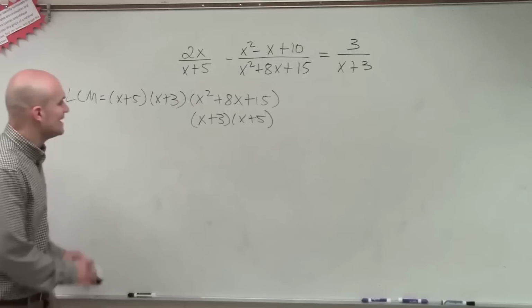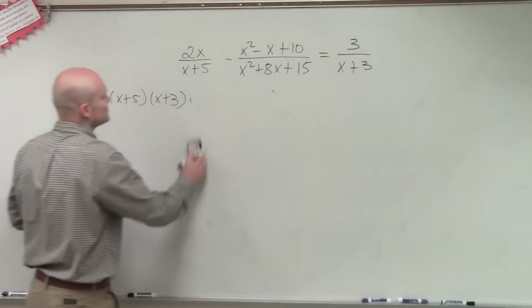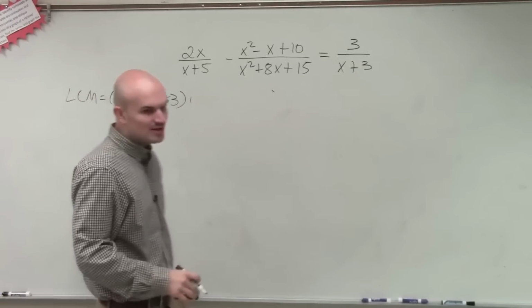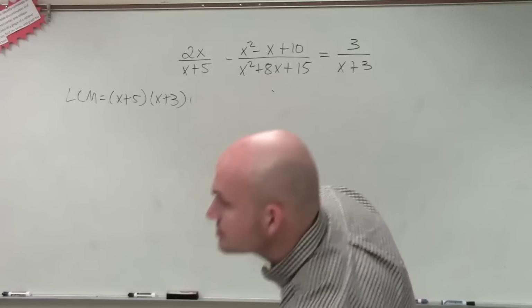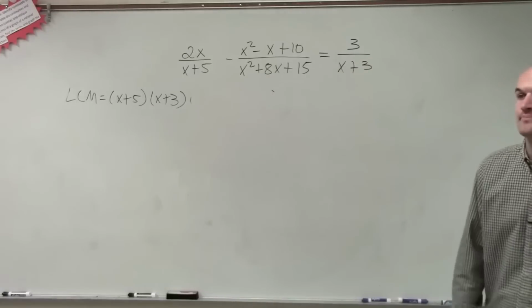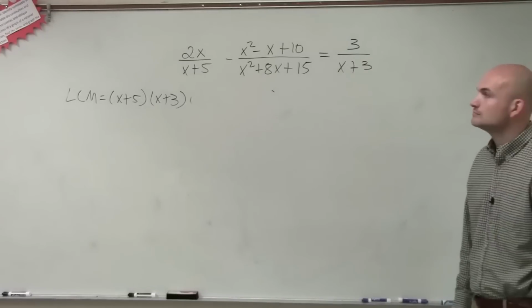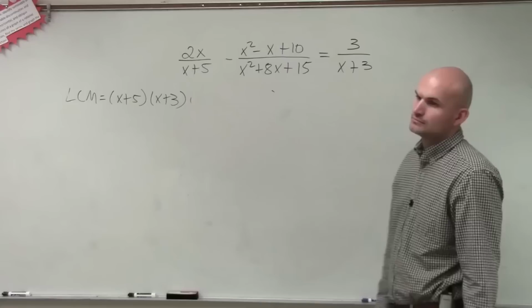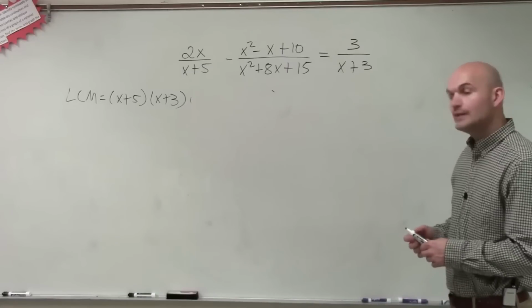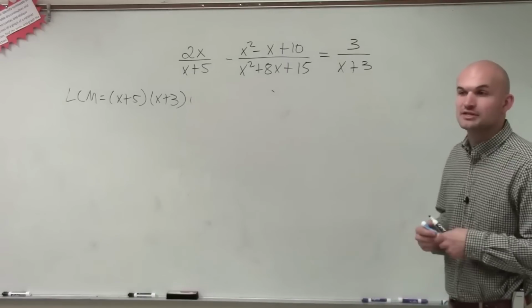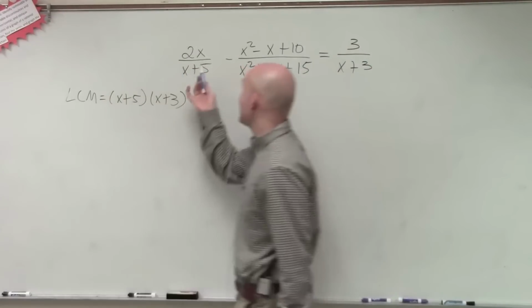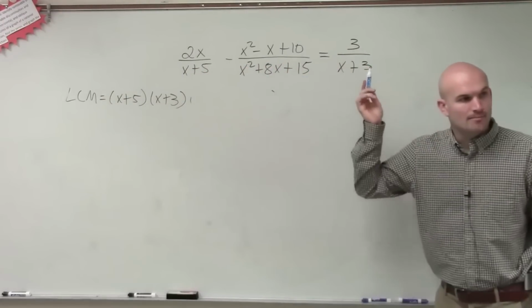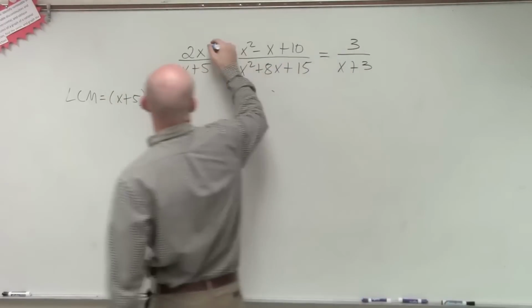So our LCM is just going to contain x plus 5 and x plus 3. Does x plus 5 and x plus 3 just cancel out x squared plus 8x plus 15? Yeah, because they're the exact same, so they're just going to divide to 1. We'll get to that in a second. So now I need to multiply every single term by my LCM.